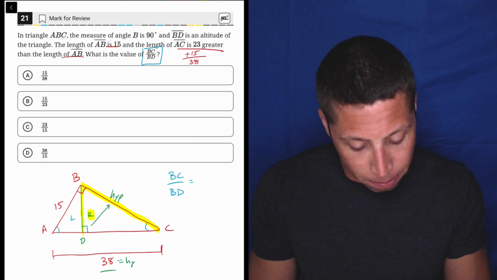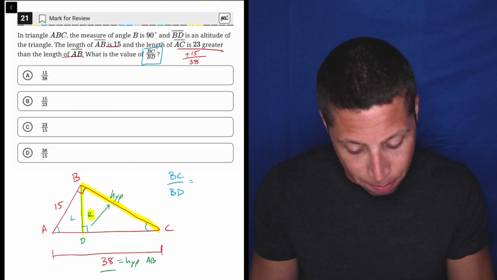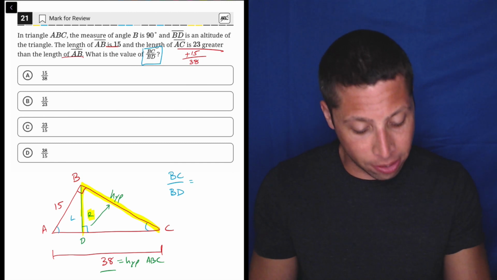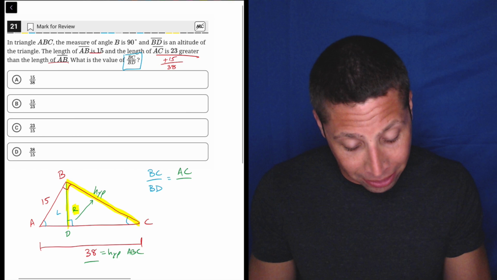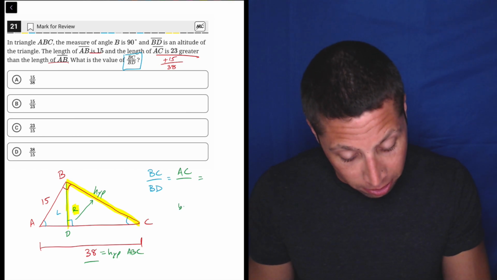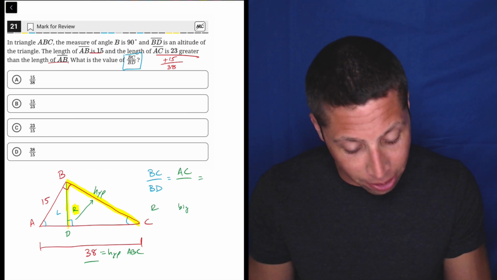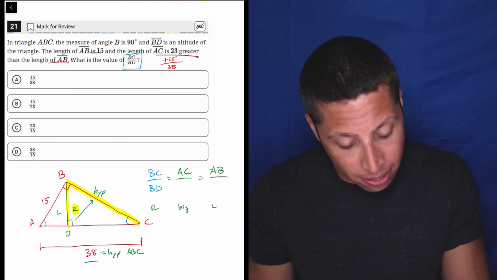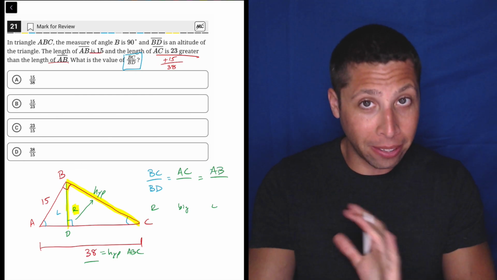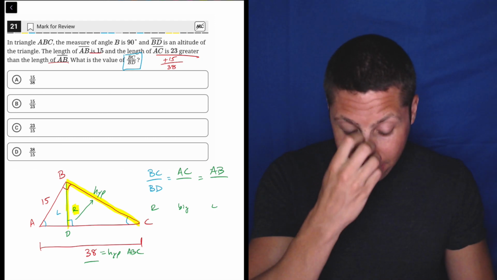This is my hypotenuse of ABC. That's the biggest side. So if that's the one we're talking about, then that's AC on the top. If we were talking about the left side triangle, so this is the big one, this is the right side one, and the left side, then the hypotenuse would be AB, which is 15. So I'm not going to put the numbers there yet. Let's just see what we got.